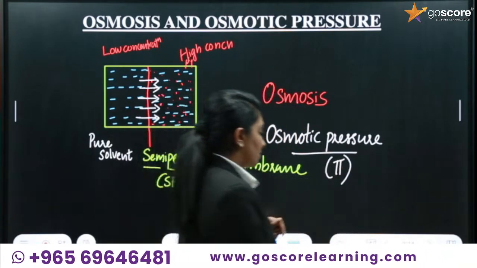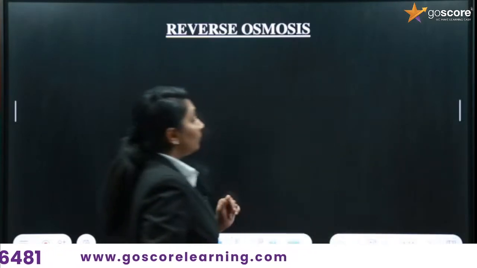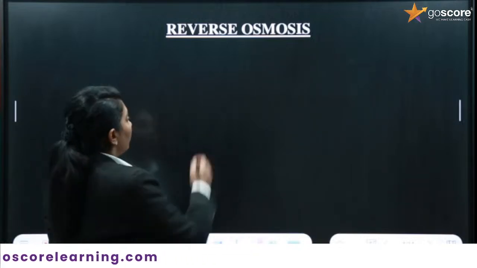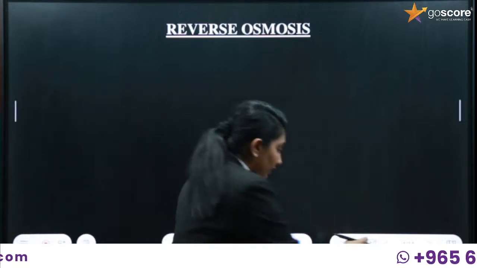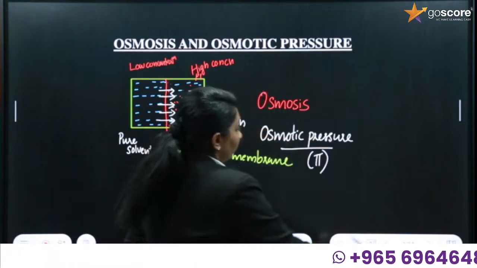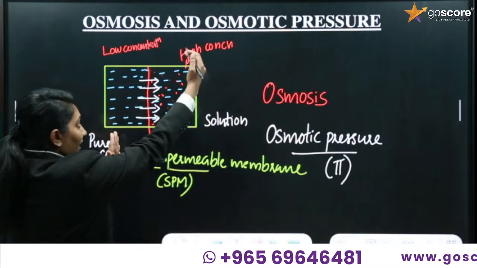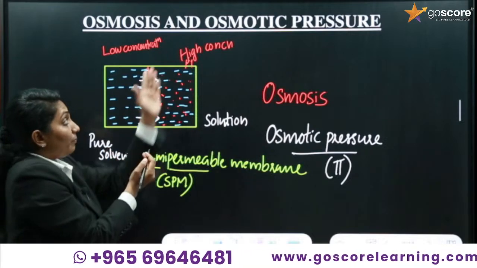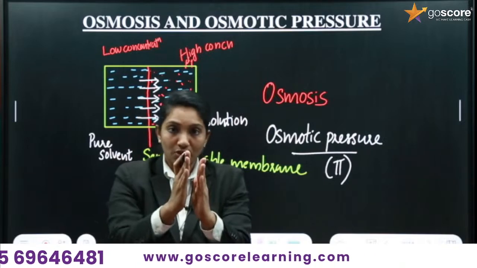Okay, now see, what do you mean by reverse osmosis? Here we have taken the solution and we have applied an external pressure, right? So, if the pressure applied here, this was in equilibrium, the flow of solvent was like this.